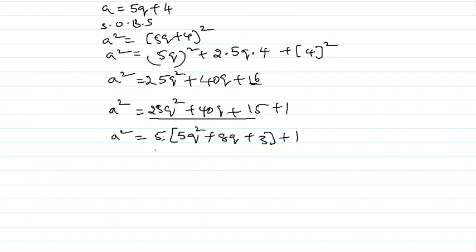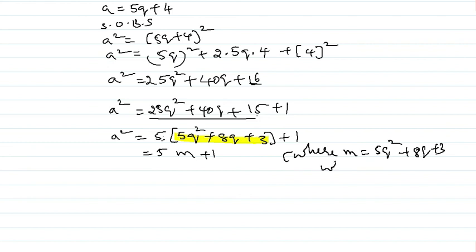Now observe this one, it is in the form of 5m plus 1. So automatically the m value will become these three terms, that is m is equal to 5q square plus 8q plus 3, where m belongs to whole number.